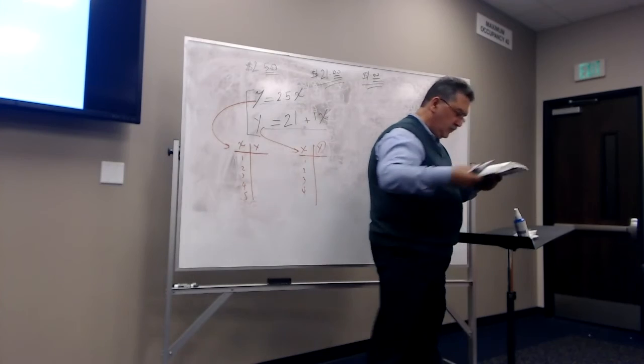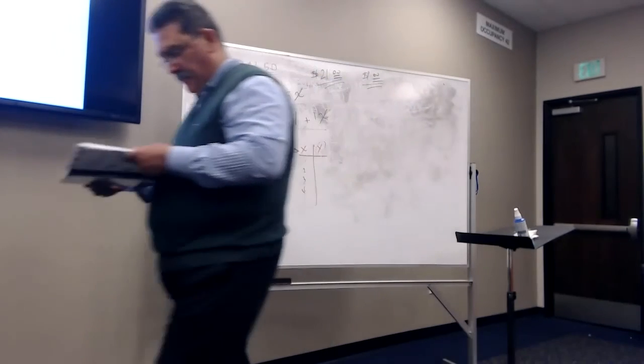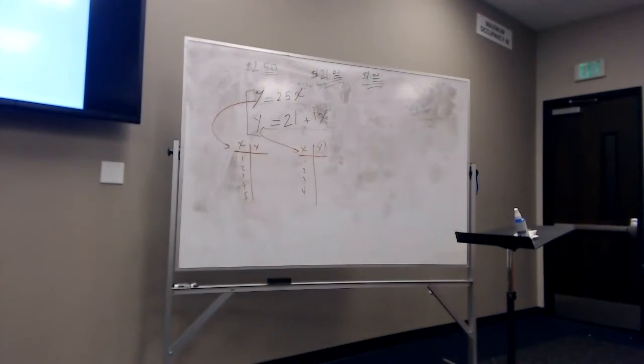Please take a look at your own textbook. On example number 6, it gives you two functions, f(x) and g(x). f(x) is equal to 2x. g(x) is 2x plus 4. When you plug in numbers for x, you get the value for f, and you get the value for g.